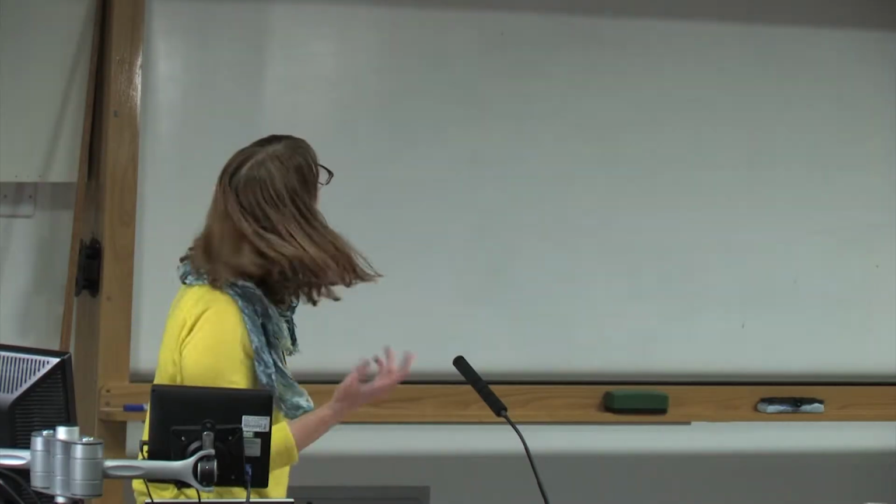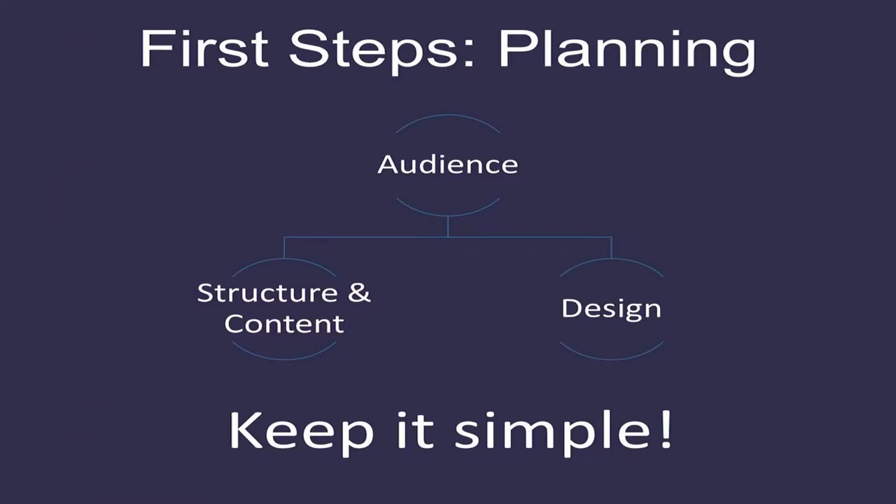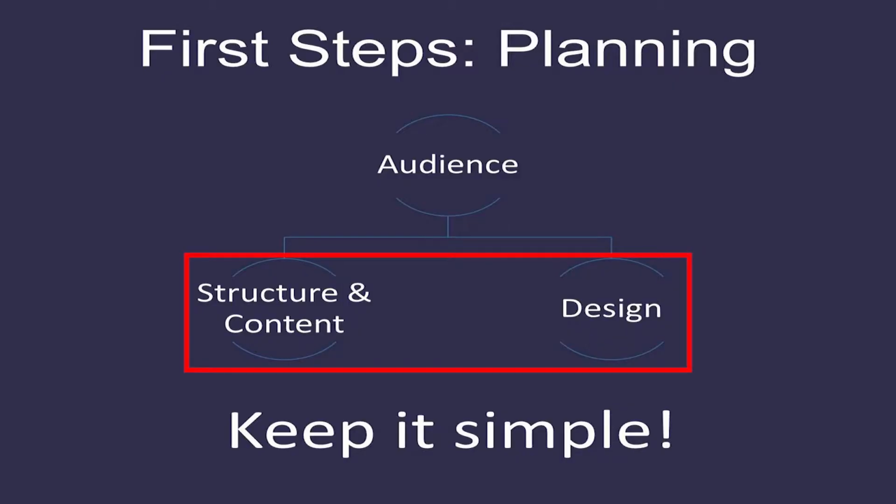So don't just rush straight in. Sit down as a group or a couple of folk and plan it out on paper. At the top of your planning flow chart should be your audience. If you have some idea of who your key audience is, who you want to get your messages across to, that's a big help, because everything stems from that, the way that you structure your site and the kind of content.